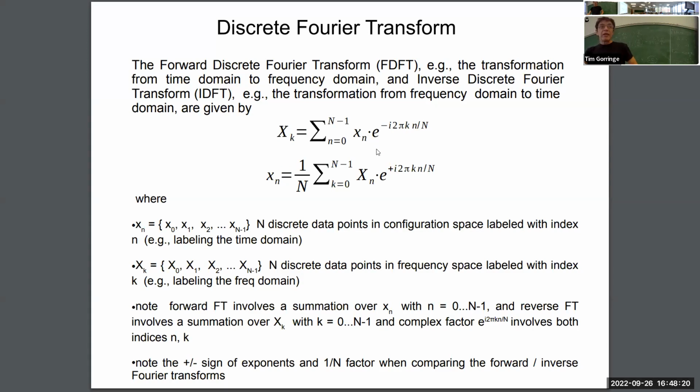That's how the transform is accomplished. If you look at the arguments, you see the indices of the domain you're transforming from and the indices of the domain you're transforming to. So you've got the product of k and n in the exponent here, and the product of k and n in the exponent here. A couple of other remarks about these things.